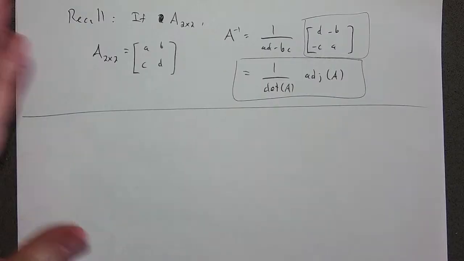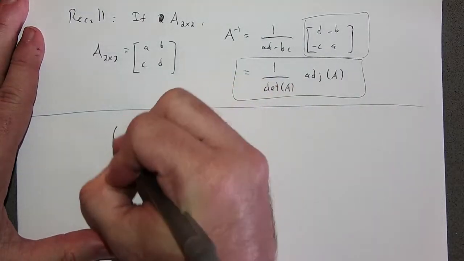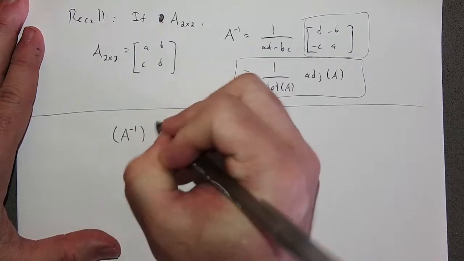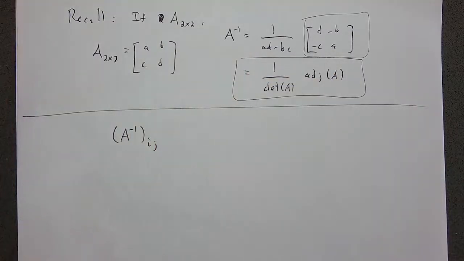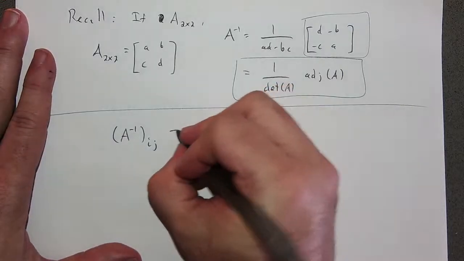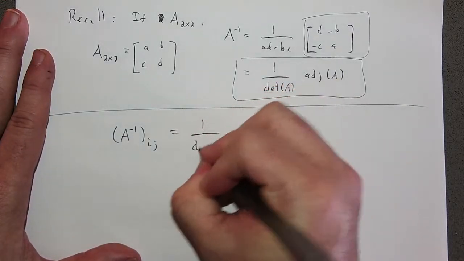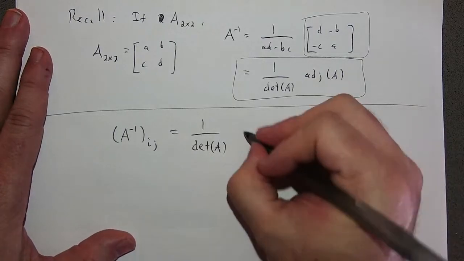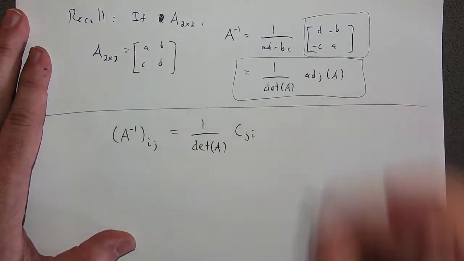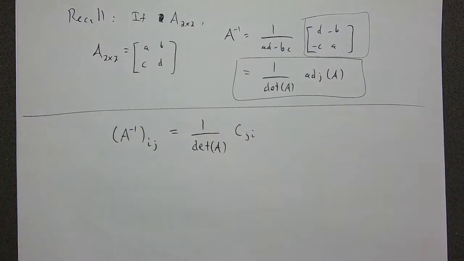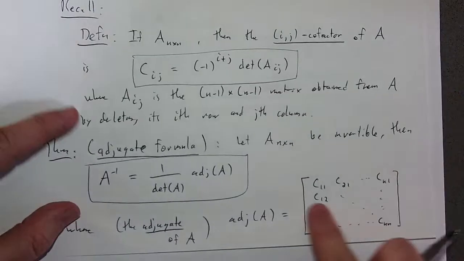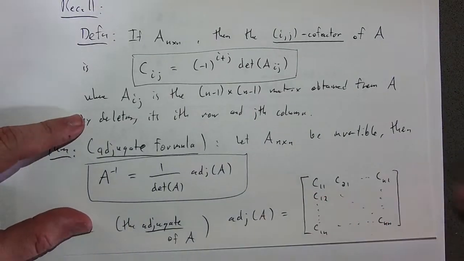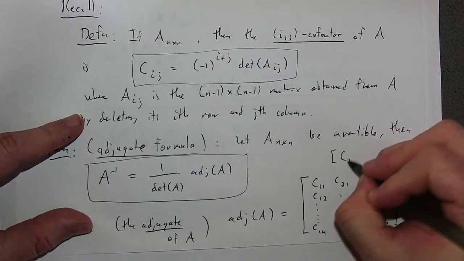So now let's see what this means for the inverse, or for the ijth entry of A inverse. This is going to be, by the adjugate formula, 1 over the determinant of A, that's not changing, times the thing to note in this adjugate formula: the ijth entry of this thing is C sub ji.